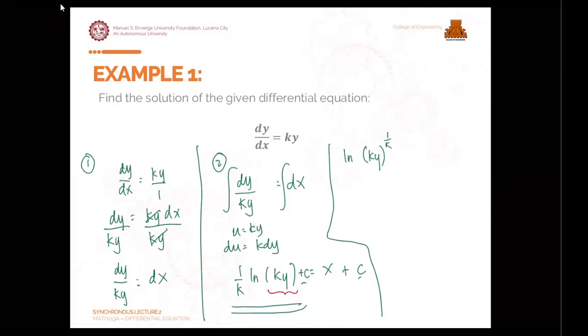Then, plus c is equals to x plus c. Okay? So, pwedeng halimbawa tinranspose natin dito. So, pwede pag-minus yun, kailangan meron pa din ng constant. So, hindi mawawala yun. So, simplify ko lang from left side. Basta yung c is nagre-represent ng any arbitrary constant. Okay? Then, ang kasunod natin.